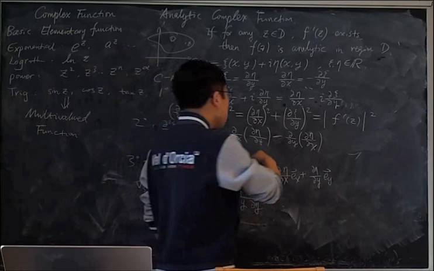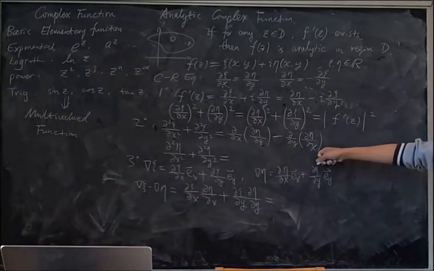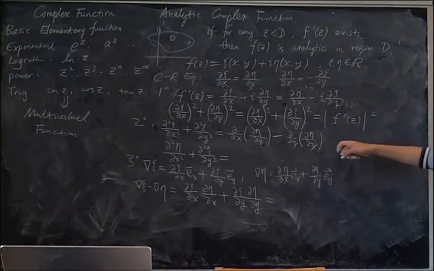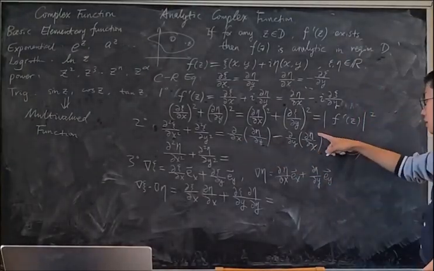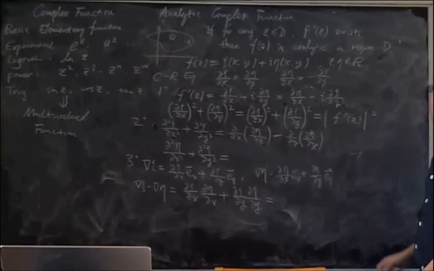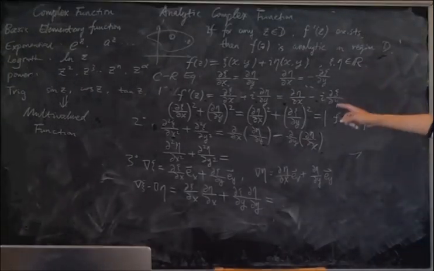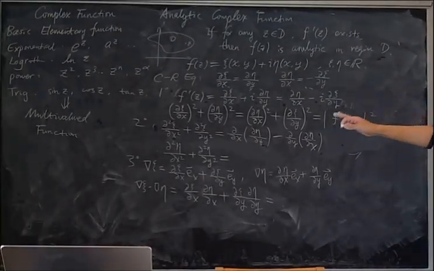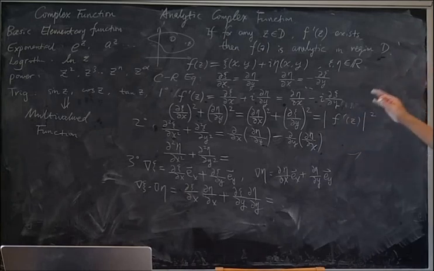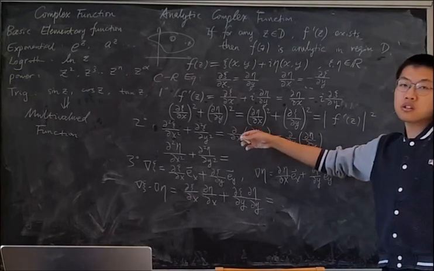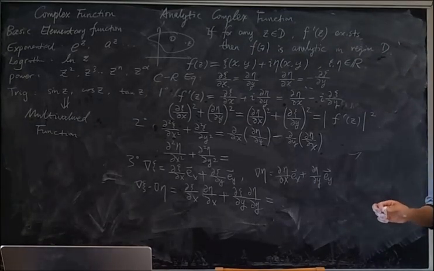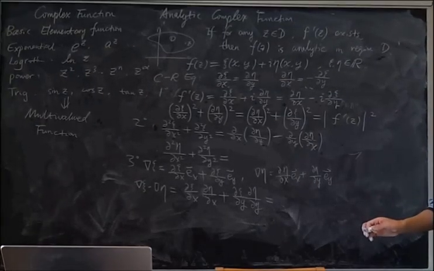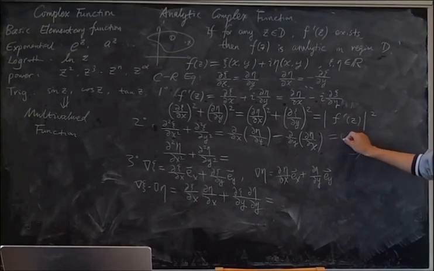So we compare these two terms. We find that this is taking the derivative in y and then x, and this is taking the derivatives in x and then y. But for an analytic complex function, the function has to be continuous and smooth, so when taking the derivatives, the order doesn't really matter. It's the same thing. This becomes 0.